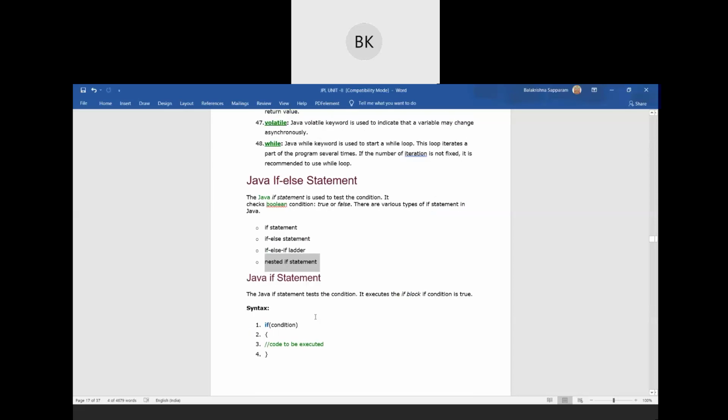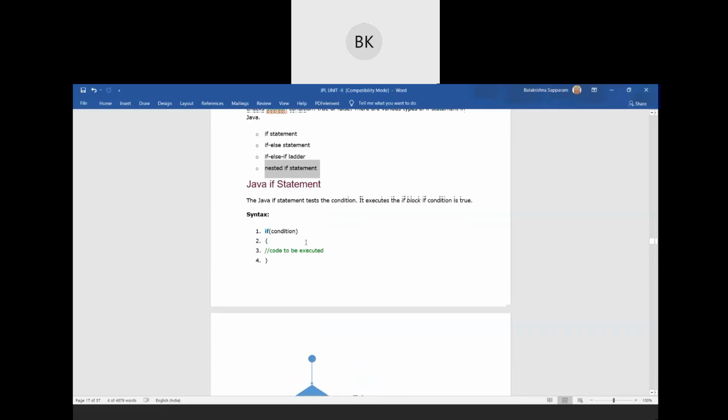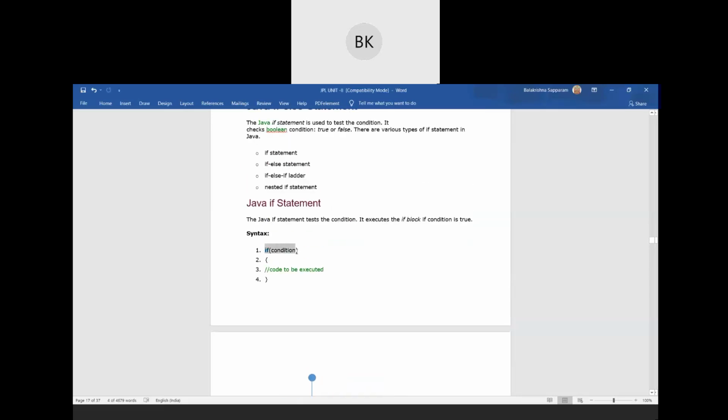I think all of you are very familiar with these because you have already written programs in C language. The same kinds of statements and syntaxes, and the same procedure, we have to follow here, no doubt at all. Then coming to the first one, the Java if statement. What is the syntax of the Java if statement? If this is the condition and the condition is true, the code is executed.